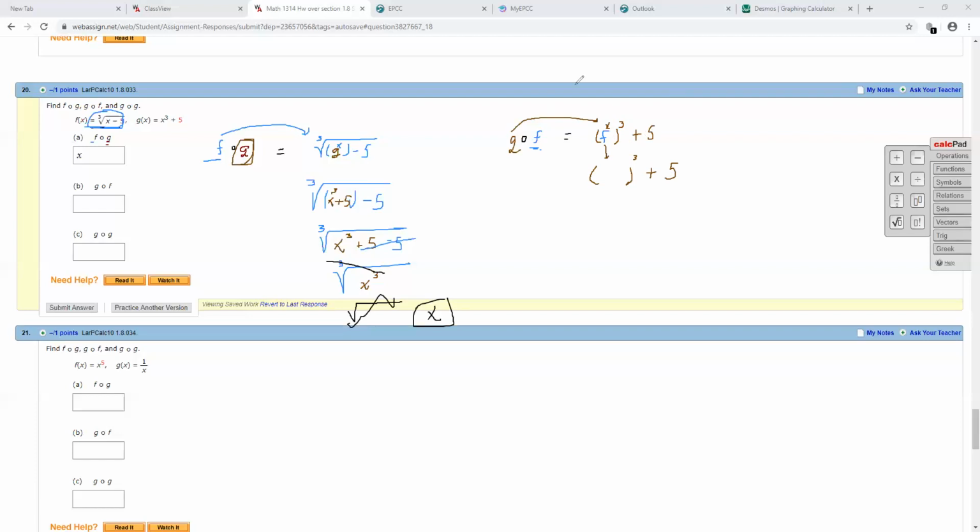What is f? I don't know how to name the little 3 over the square root. That's the cube root. We can say the third root, either one. The cube root, the third root of x minus 5.